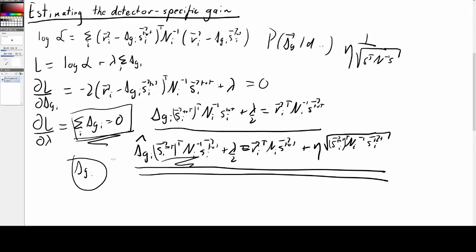So that is built in when we get this additional term. So that's all there is to sampling the detector-specific gains, and then I will move on to the third part of the gain factor, the time variable gain.